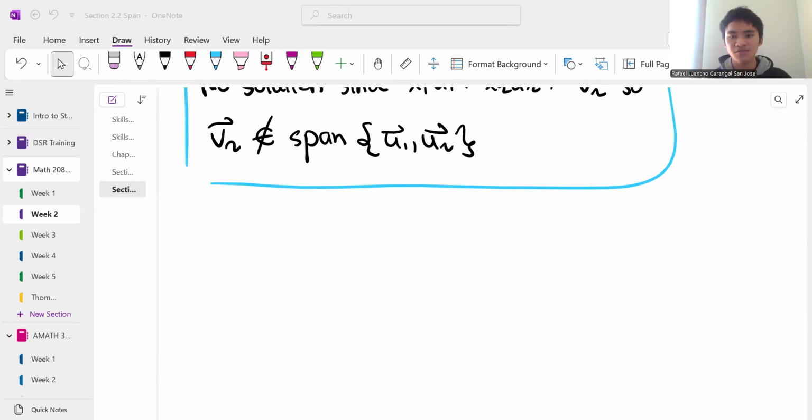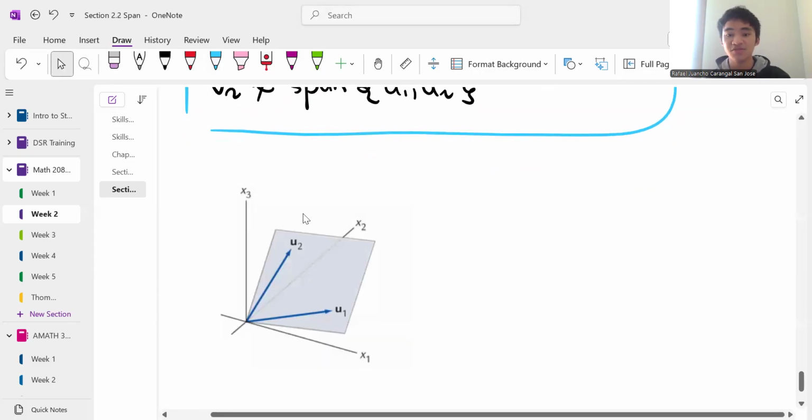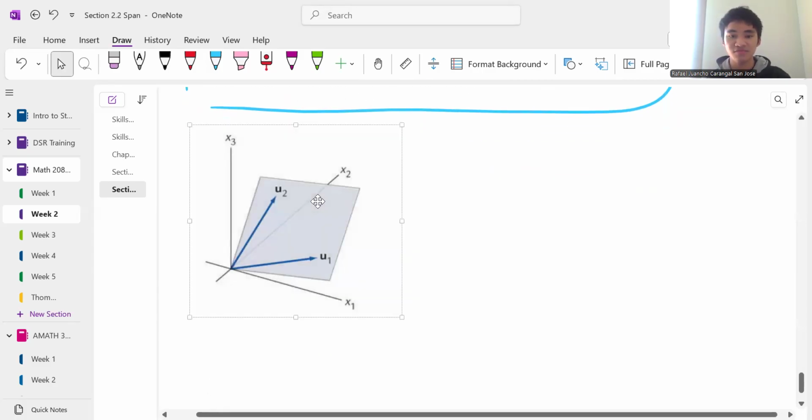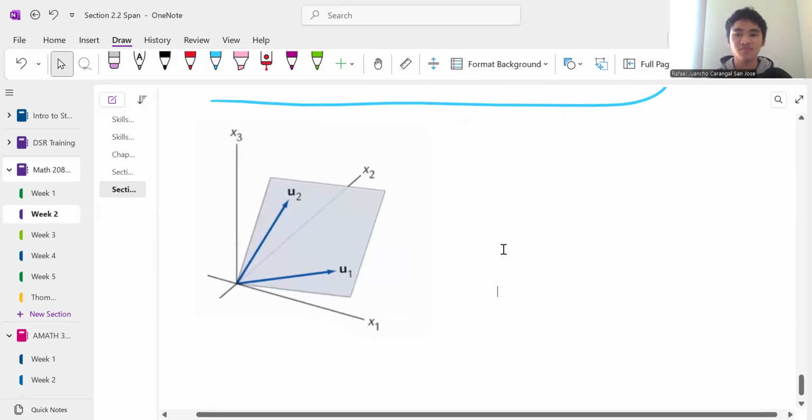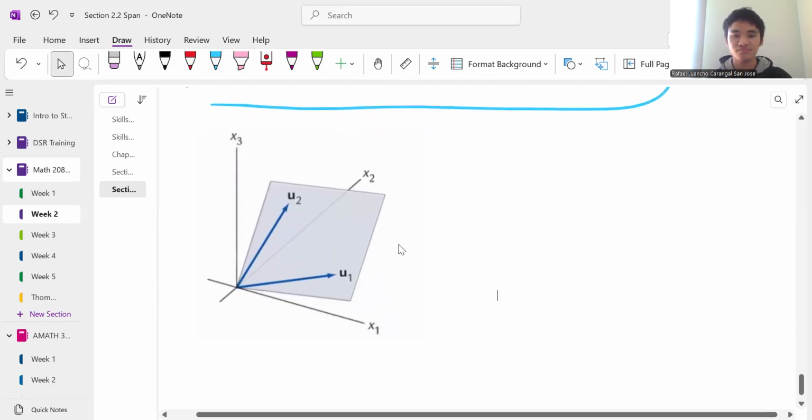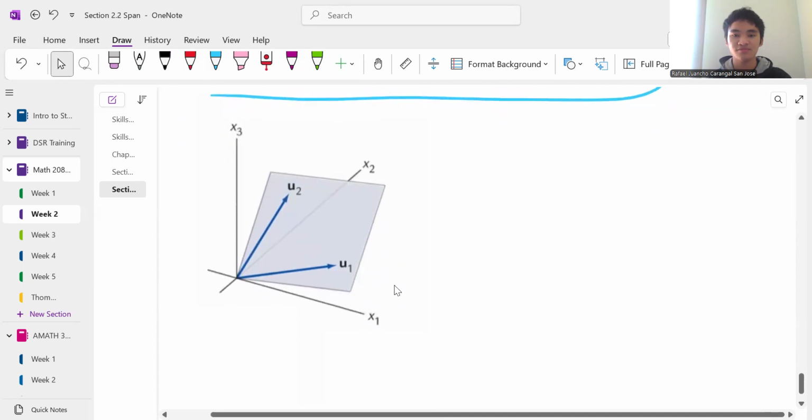So this is the span of u sub 1 and u sub 2. Let me just show you. So its span will give us some shape. In this case, it's a plane. It's not specifically all of R2, or all of R3, but it is a plane, u sub 2 and u sub 1.